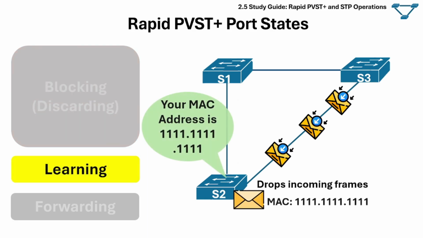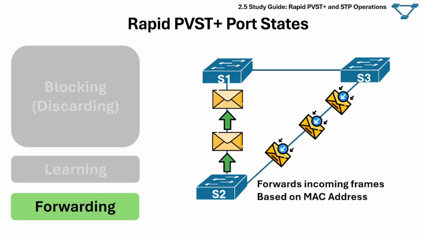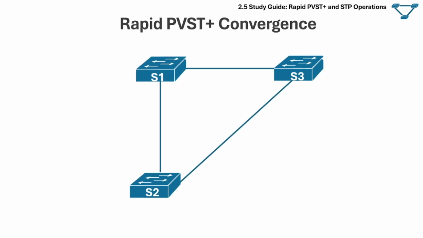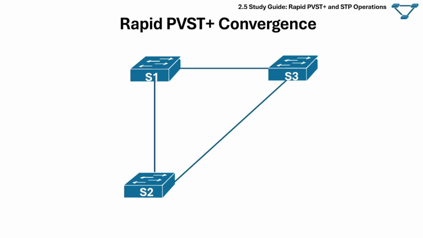Next is learning. The port still drops incoming frames but starts learning MAC addresses. And last is forwarding. The port forwards incoming frames based on MAC addresses it has already learned and continues to learn. Rapid PVST+ is designed for faster spanning tree convergence. Here's a breakdown of how Rapid PVST+ achieves rapid convergence.